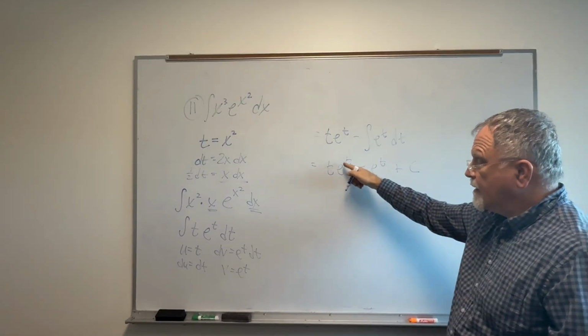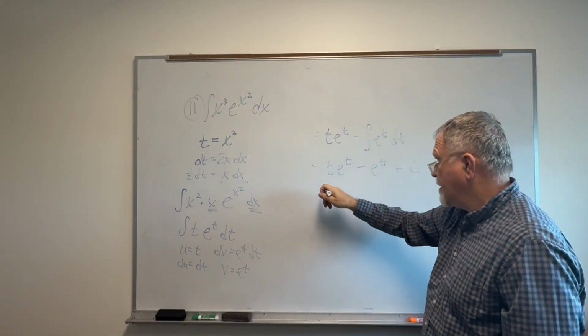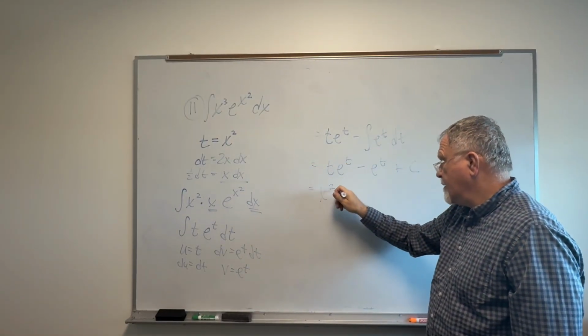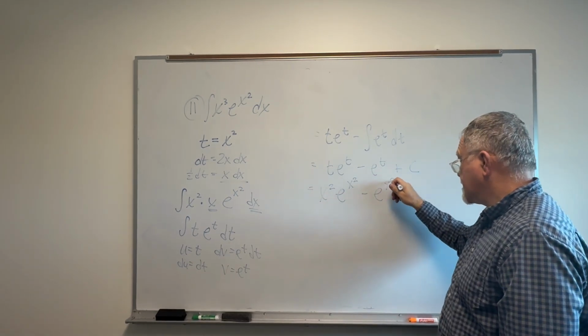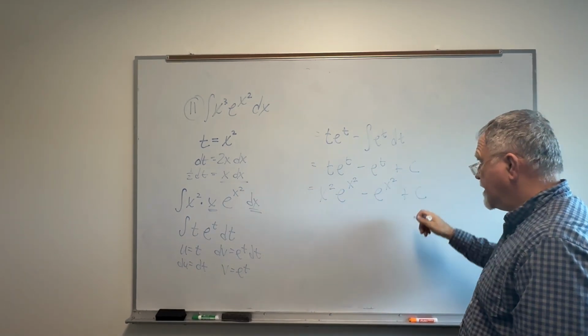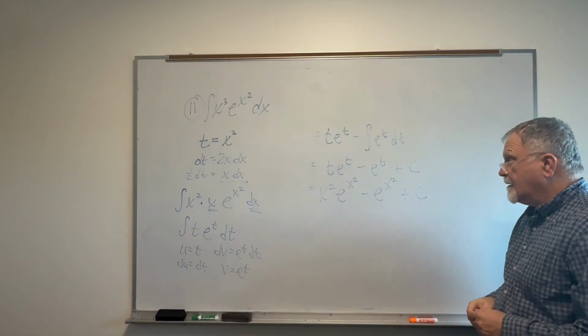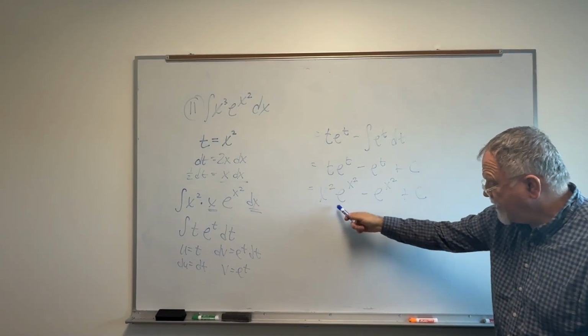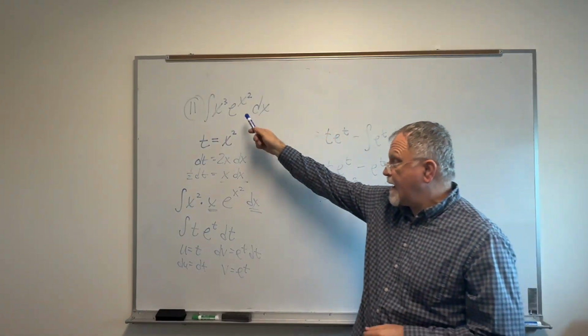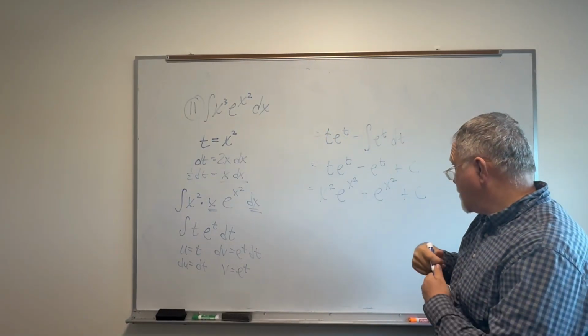And what was t? T was just x squared. So this is going to be x squared e to the x squared minus e to the x squared plus a constant. And the derivative of this is that. If you're not convinced, let's prove it.